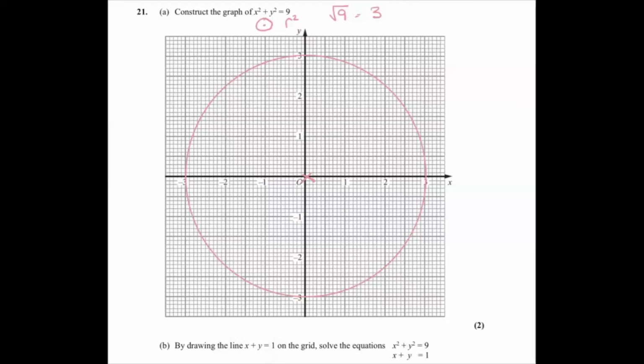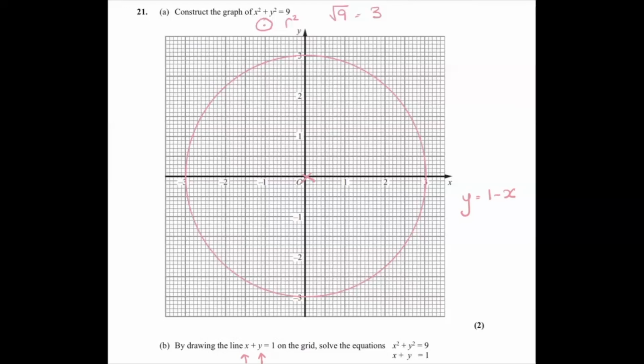So for part B, we need to draw the line x plus y equals 1. Now you can either rearrange your equation to y equals 1 minus x, or you can consider your X and your Y coordinates so that they give you 1. Either way would work.